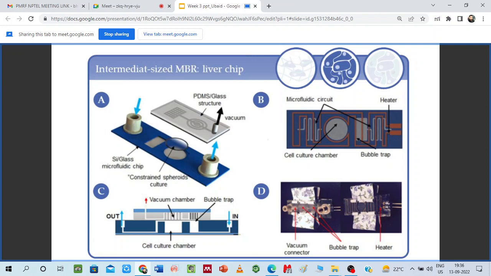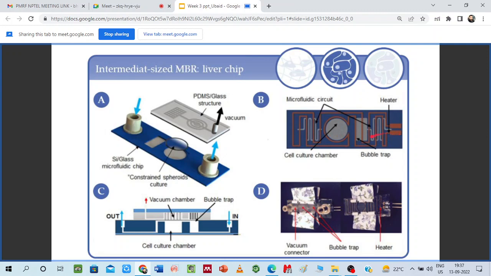So it has been exploited in organ-on-chip based systems. For example, here I have given the example of liver on chip, or heart on chip, or kidney on chip. In this liver on chip, the hepatocytes are grown, along with other types of cells which are present in the liver.